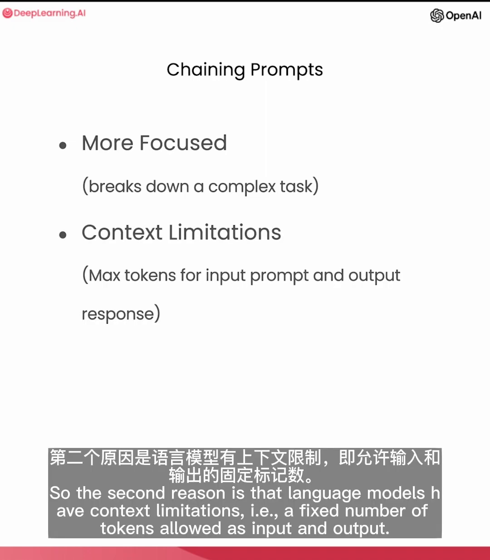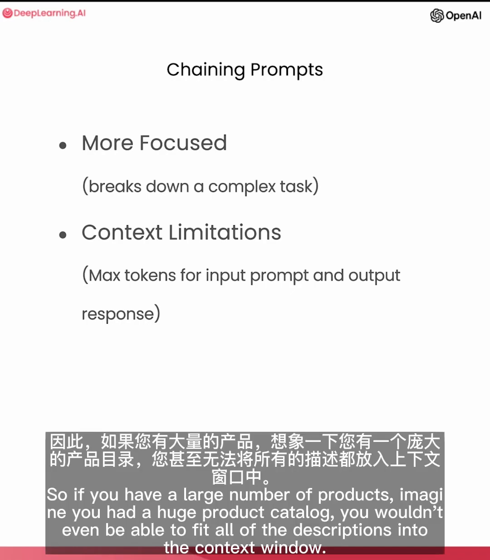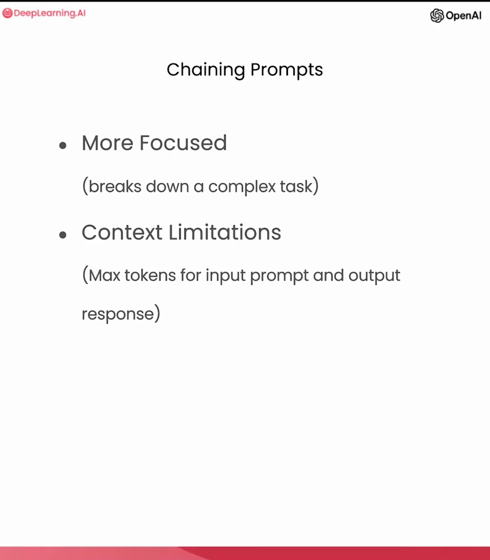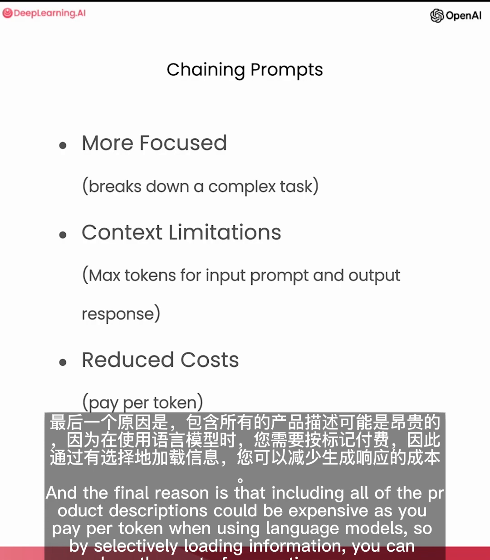The next reasons are more compelling. So the second reason is that language models have context limitations, i.e. a fixed number of tokens allowed as input and output. So if you have a large number of products, imagine you had a huge product catalog, you wouldn't even be able to fit all of the descriptions into the context window. And the final reason is that including all of the product descriptions could be expensive, as you pay per token when using language models.